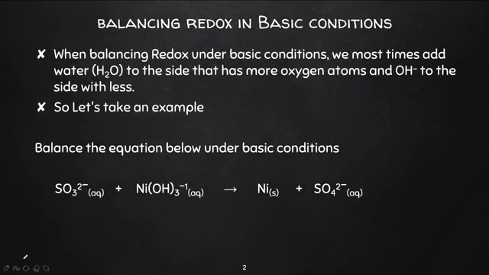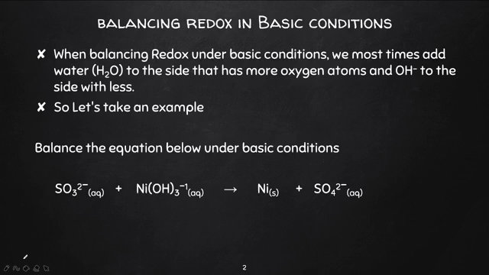Now, when balancing redox reactions under basic conditions, we most times add water to the side that has more oxygen atoms, and hydroxide ion to the side with less oxygen atoms. If you remember from the last video, under acidic conditions, we added hydrogen ions to the left hand side of the reaction, and water to the right hand side.